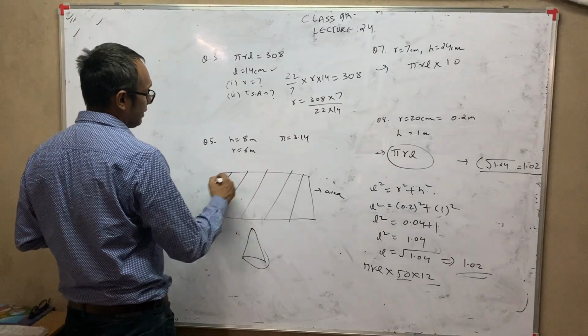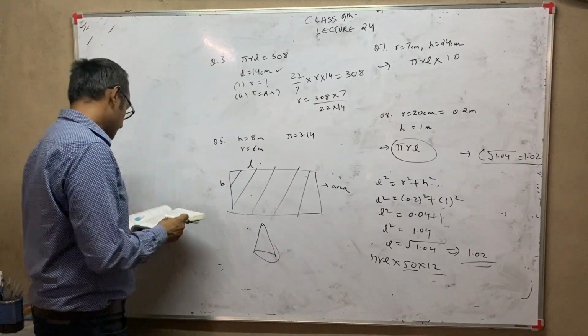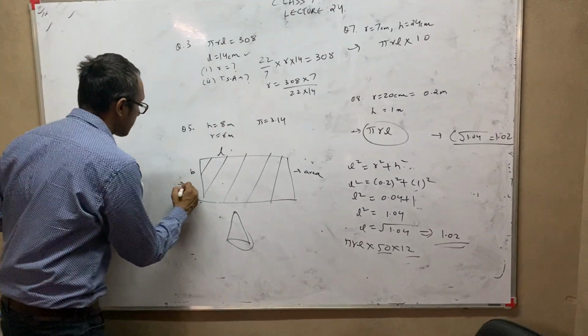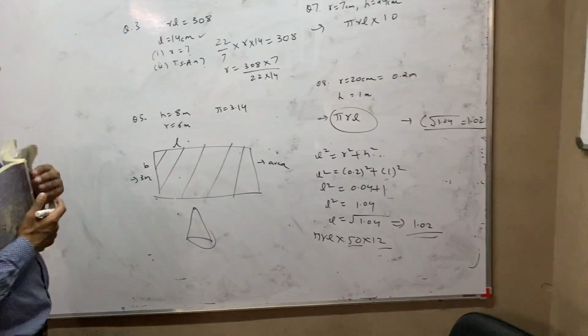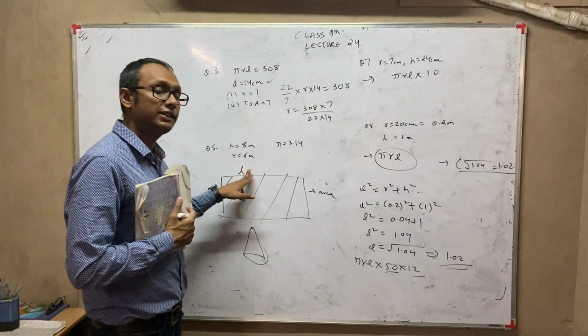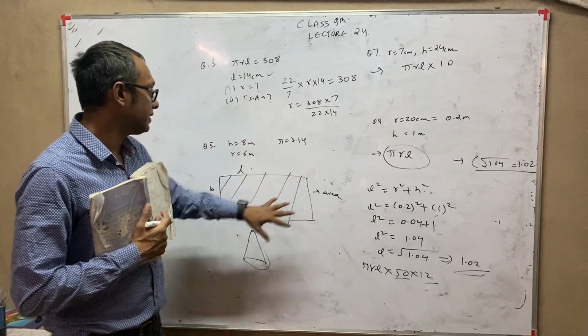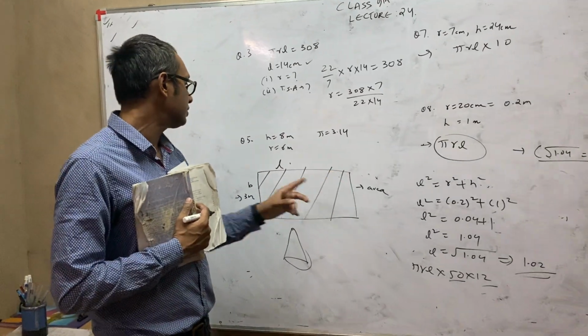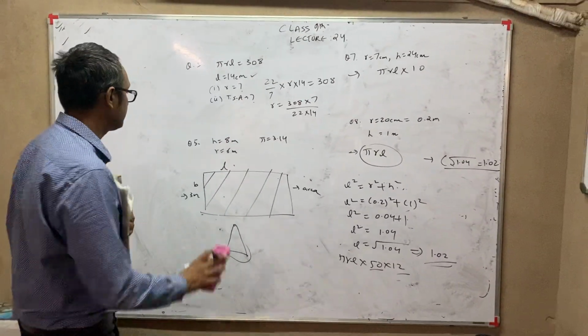This is breadth and this is length. And he has given us breadth. Breadth is 3 meter wide. He has given us. So if you want to find the length, first we have to find how much area is this sheet of. Okay, and then once we find the area then you can write equal to L into B and get the length.